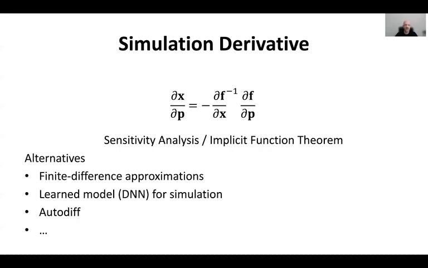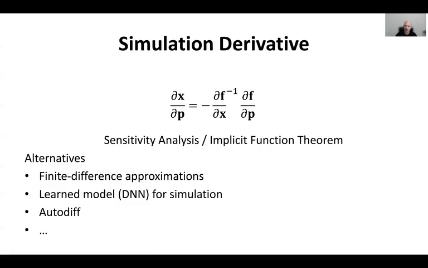But for now, what I'd like to mention here is that this is only one way of computing simulation derivatives. And there are many other alternatives. For example, a simple way of computing this expression would be through finite difference approximations. And in some cases, this might even be reasonable.